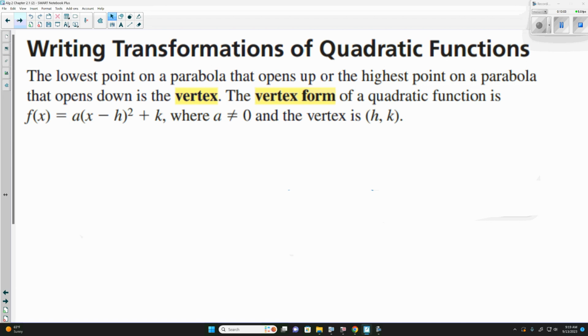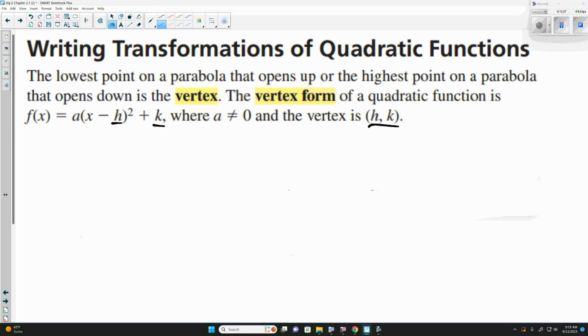We call this vertex form because the vertex for any quadratic equation is the point h comma k. In vertex form, we have the h and k values. Now, when we pull the h value out of the vertex form, we have to flip it because it's minus, so we change the sign.